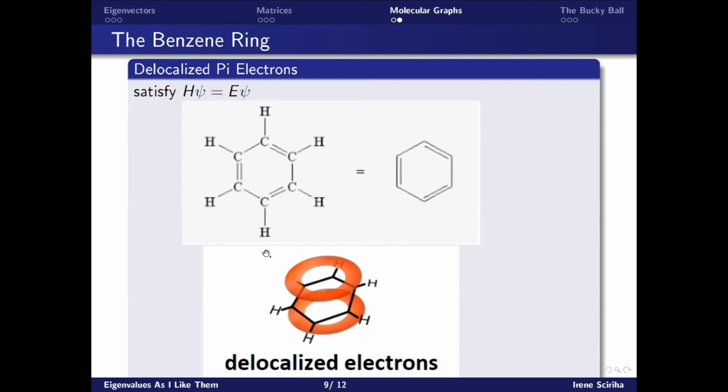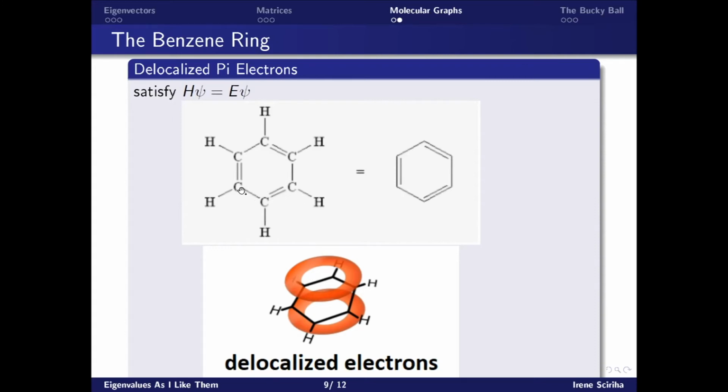This is another symbol of the benzene molecule. And what we mean is that the benzene molecule has 2 clouds above it containing these delocalized electrons. Why? Because a carbon atom has 4 bonds.